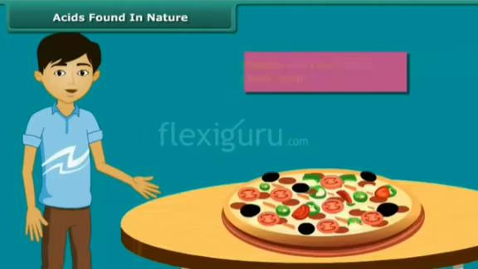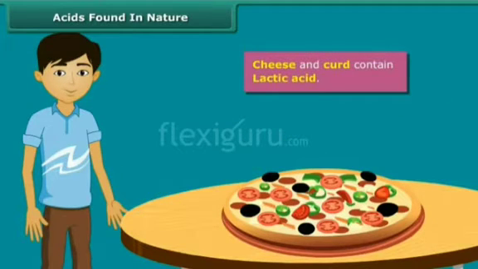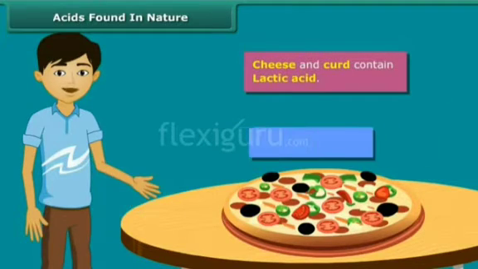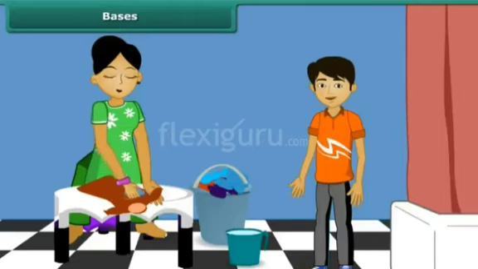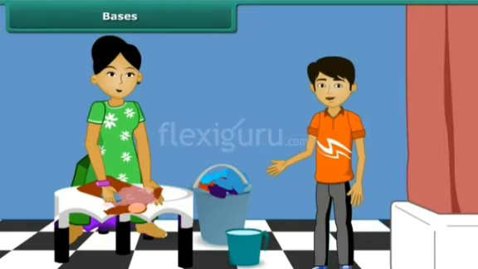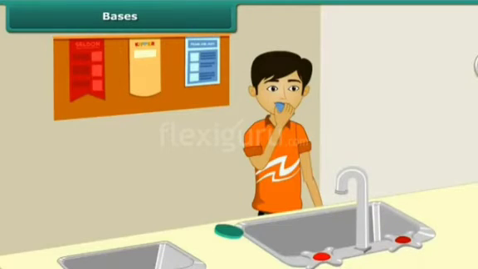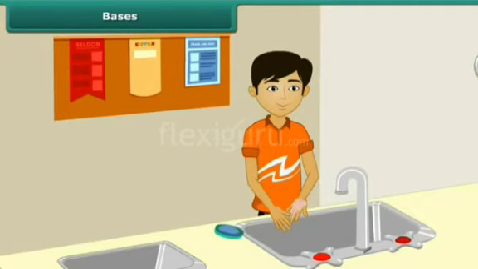Most of the children love more cheese in pizza. Cheese and curd contain lactic acid. We wash our clothes every day with soap. Do you know which kind of solution it is? Soap solution tastes bitter, and on rubbing on the palm, it gives a slippery feeling because it contains base.